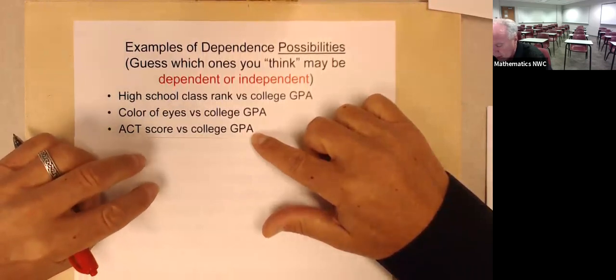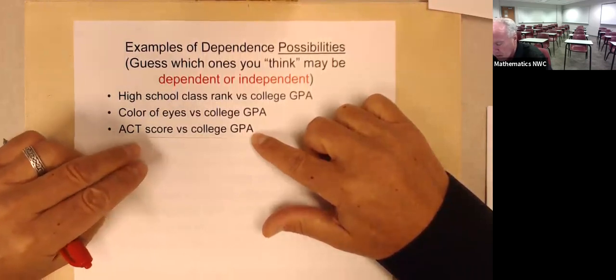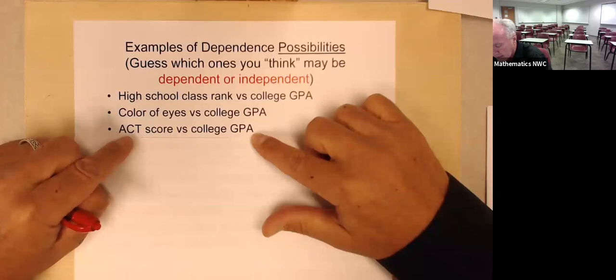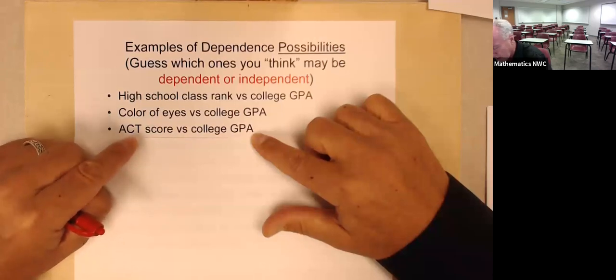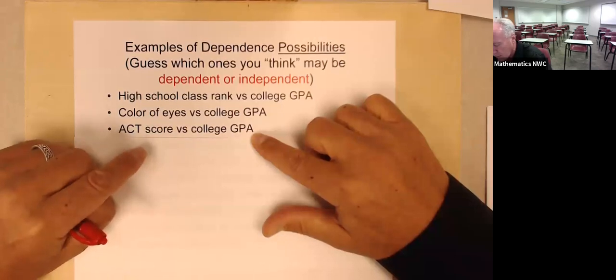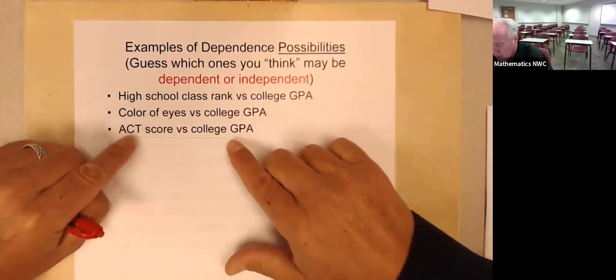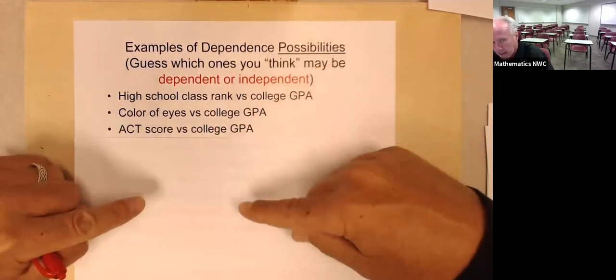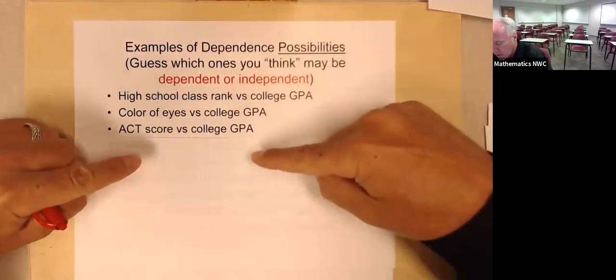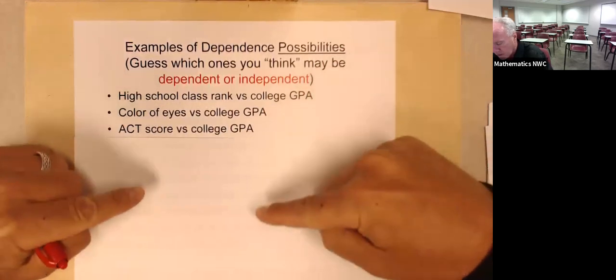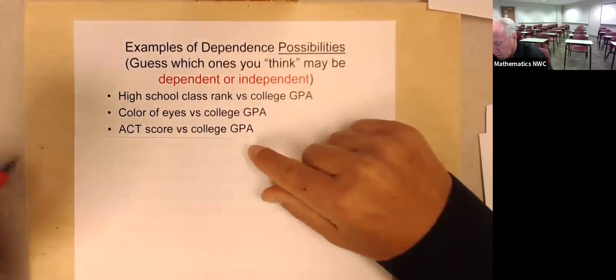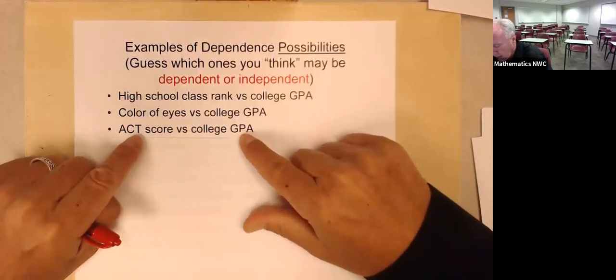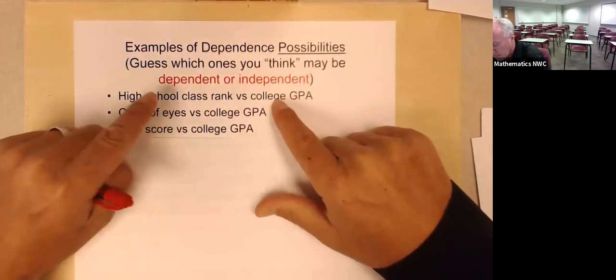Not that that's the only case, because exposure to the different things that the ACT tests is also an extraneous variable. But here's dependence. They do both go up and down together. As one goes up, the other goes up. One goes down, the other goes down. In fact, these two have a higher correlation than these two.